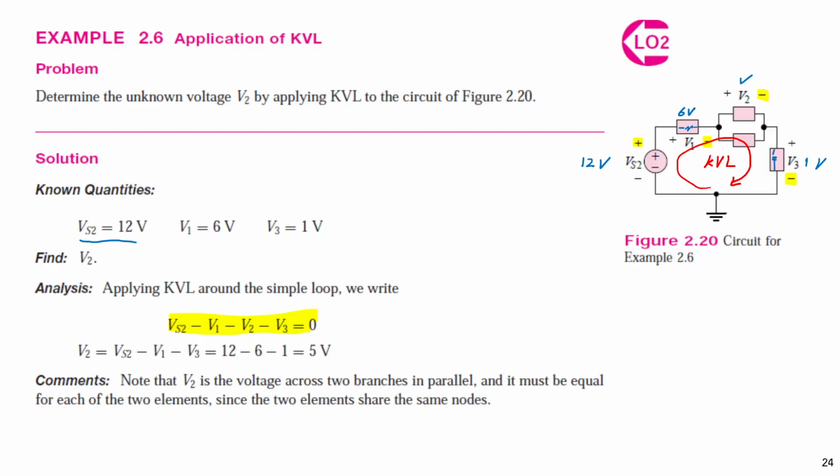We get V2 at 5 volt, right? It means that the voltage of the source equals the summation of the voltage of the load, right? 6 plus 5 plus 1 is 12. Okay, the summation.